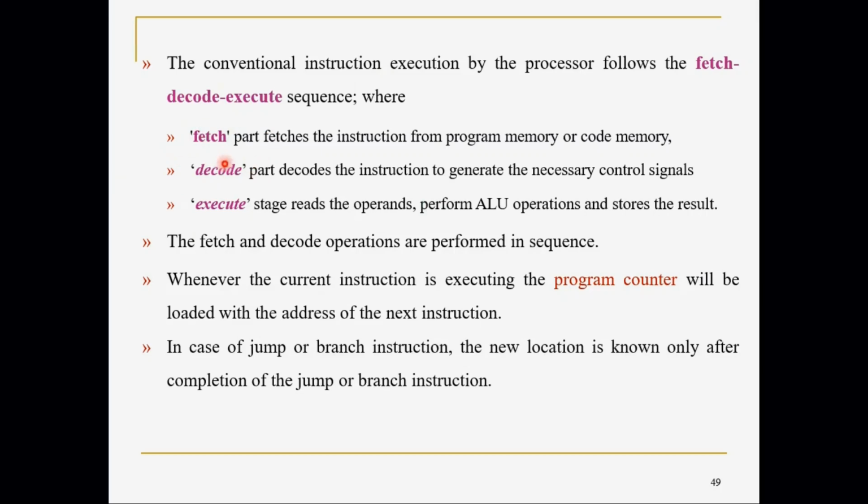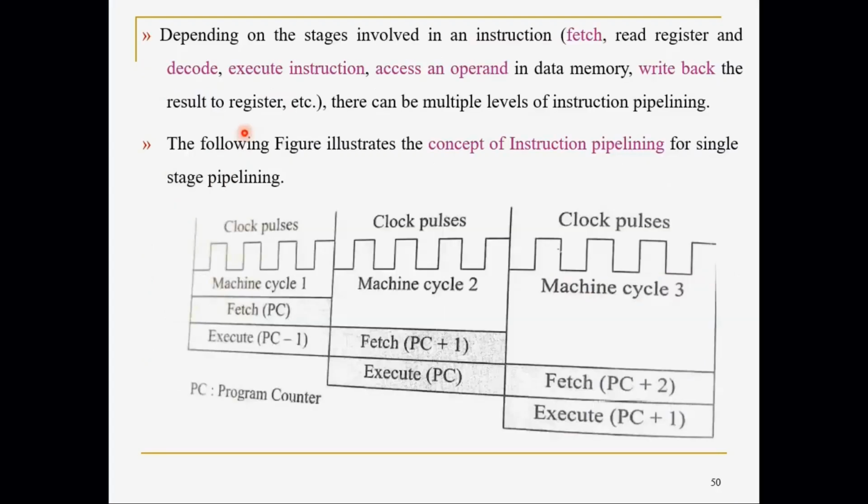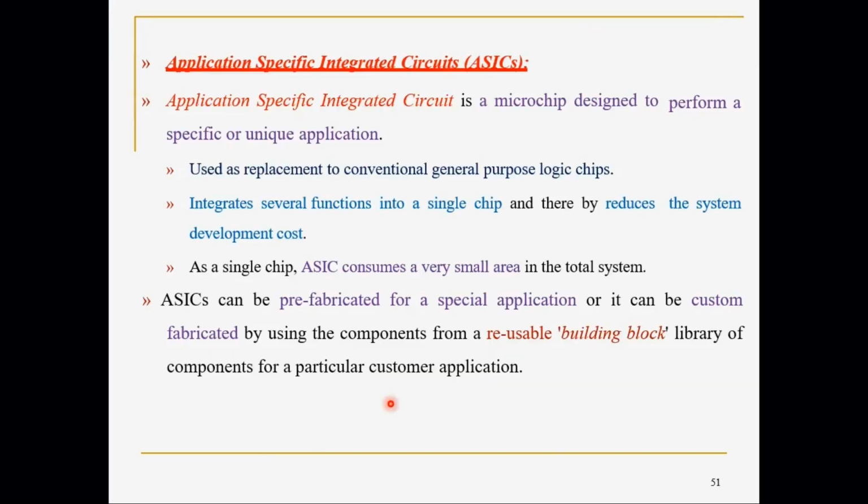Then we decode that instruction and understand what operation we have to do and which data we have to operate on. Then we execute that instruction. This is 3-stage pipelining. Here they have discussed what pipelining is, how exactly it works, and how we can increase performance. We have gone through this already in the previous module also.